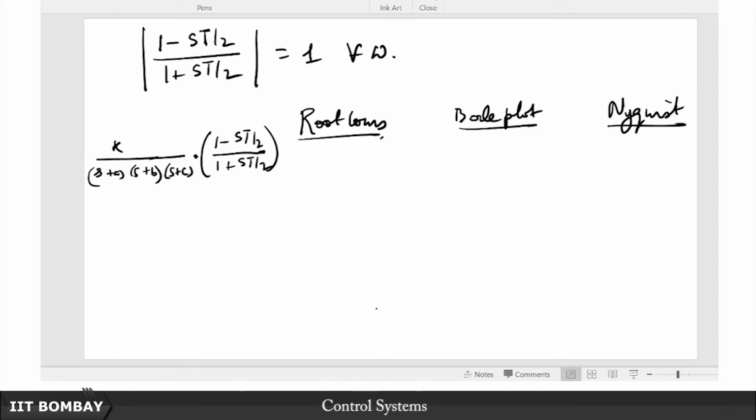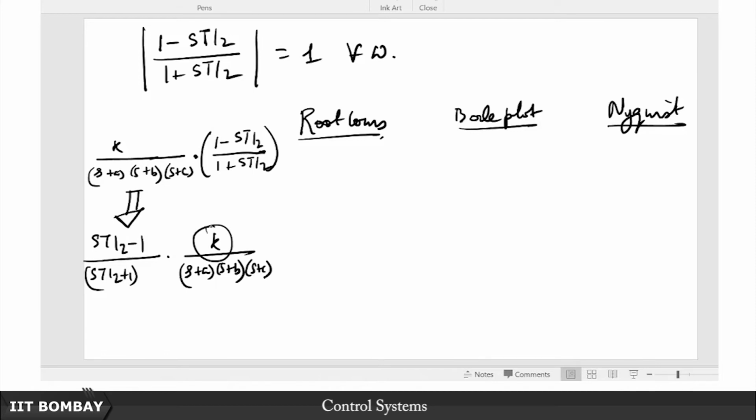So for the root locus sketch, as we have already seen for non-minimum phase systems, we first convert it to (st by 2 minus 1) upon (st by 2 plus 1) times K upon (s plus a) into (s plus b) into (s plus c), and then we look at the complementary root locus, because now that we have already made this negative, we make K negative. So we look at the root locus as K varies from minus infinity to 0, that will make sense.